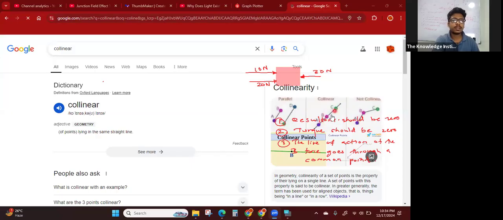Collinear means three points lying on the same line.